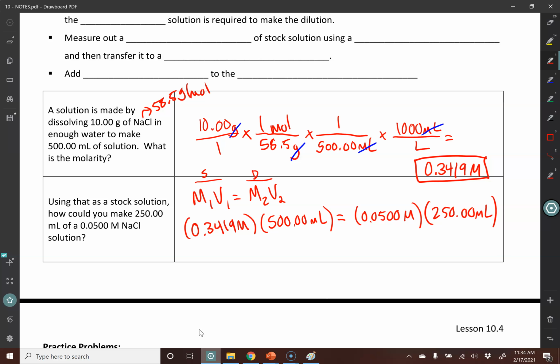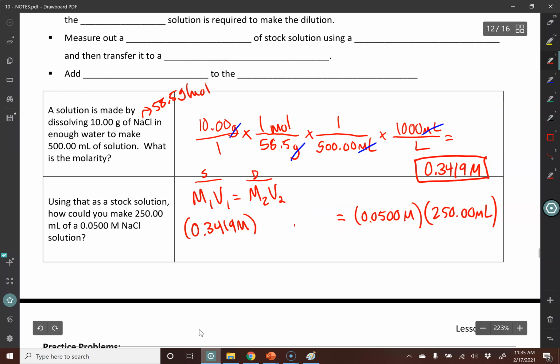Shoot. This is the common mistake. It's not asking how many total milliliters of your stock solution. That doesn't matter. I want to know how much of this 0.3419 molar solution is needed to prepare this dilution. The fact that there are 500 milliliters present is really irrelevant.